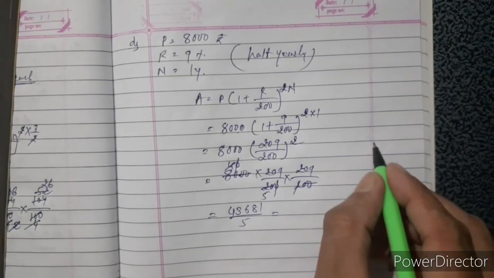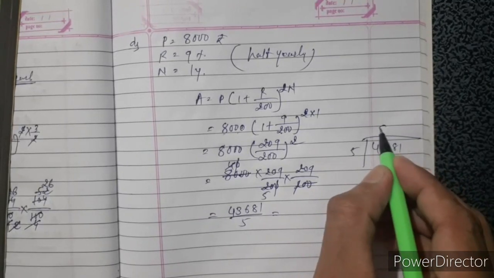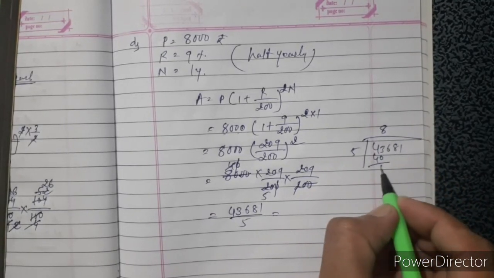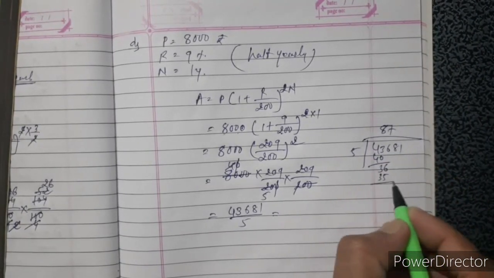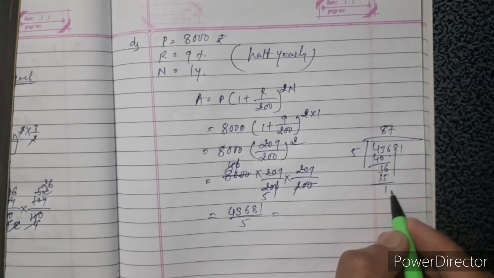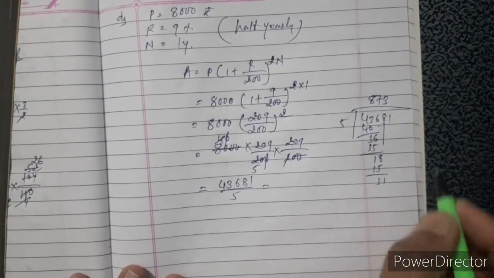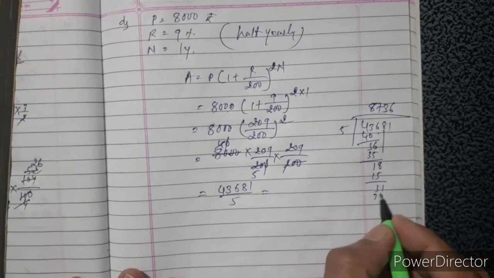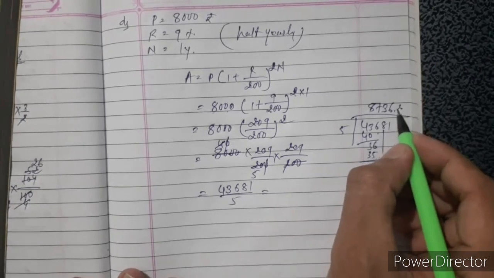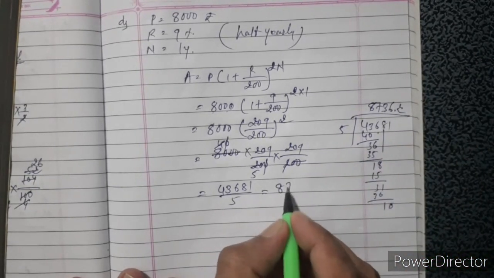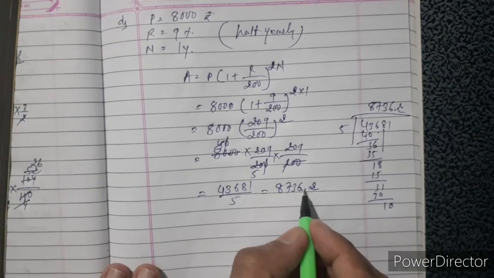Okay, so you just divide that one. 43681 divided by 5. 8 5s are 40, 3 6. Okay, now 7 5s are 35, 1. Now 8 comes down, 5 3s are 15, that is 3 and 1. 5 6 are 31, and here point, and here 0. 2s are. So your answer is 8736.2.